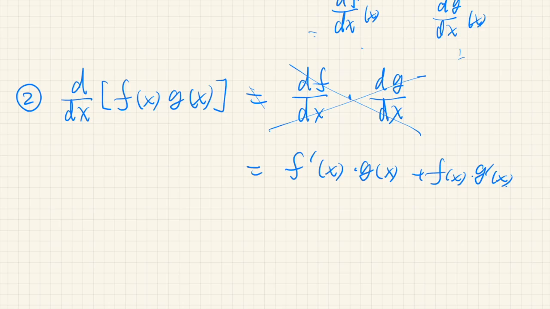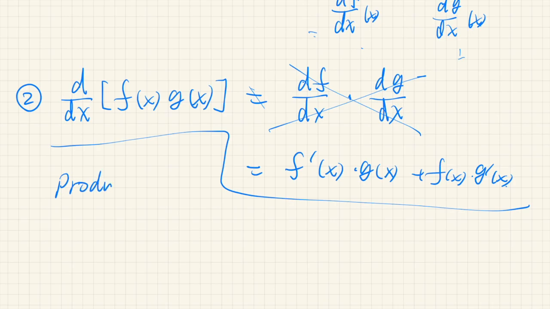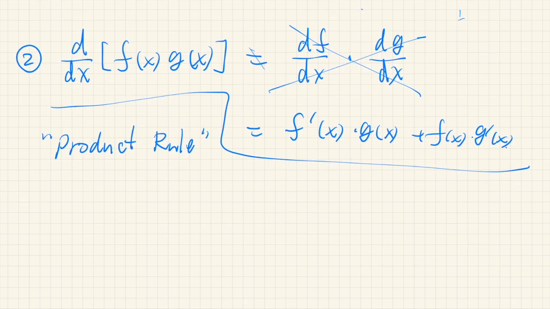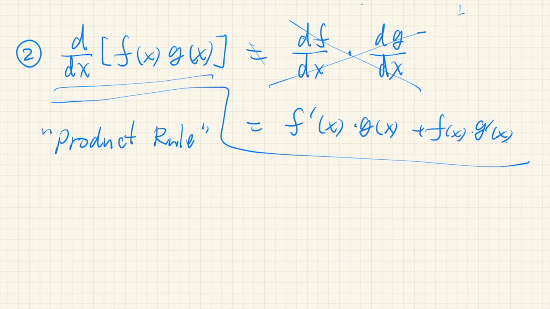The name is not so important, but what's important is this fact. Anyway, let's write it down. It's called the product rule. All right, let's prove this. To begin with, what's the definition of the derivative?